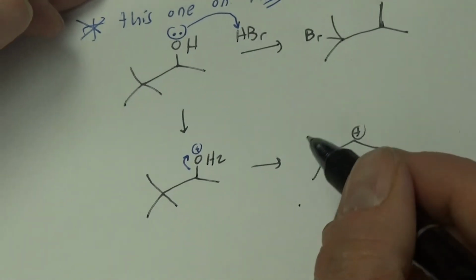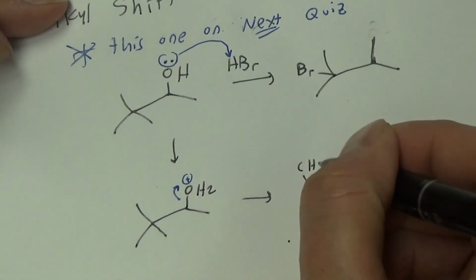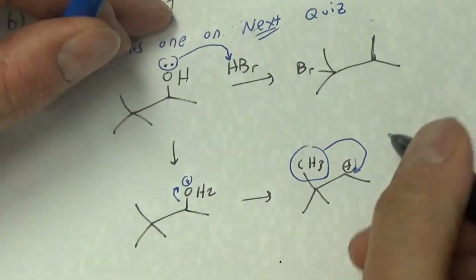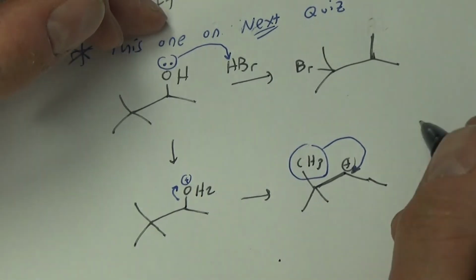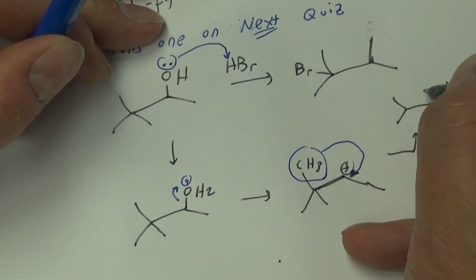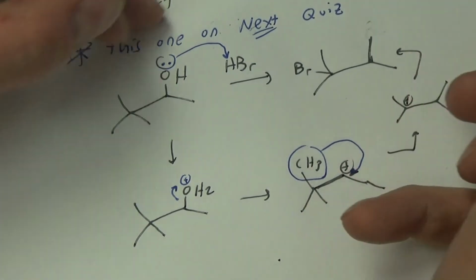And now instead of a hydride jumping, it's an alkyl group, like a methyl. Okay, something like that. And then that gives you a new carbocation. Br minus attacks.